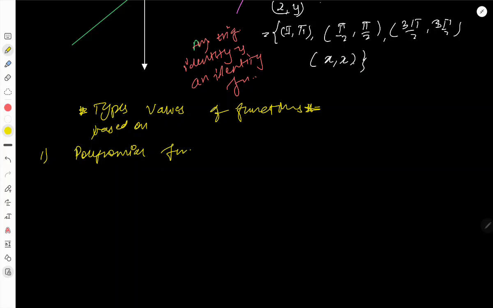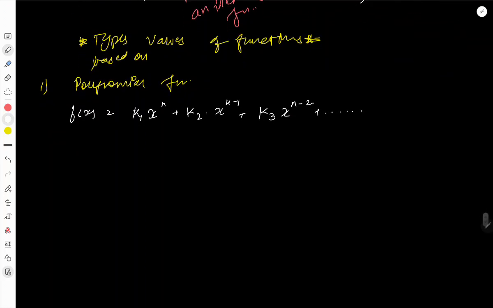A polynomial function is defined, you can basically see it as f of x equals some constant k1 into x to the power n plus k2 into x to the power n minus 1 plus k3 into x to the power n minus 2 and so on.